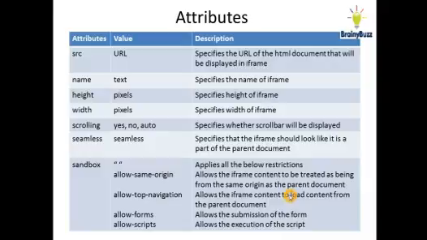It allows the iframe content to be treated as being from the same origin as the parent. Allow forms allows the submission of forms, and allow scripts allows the execution of scripts, like JavaScript. We'll go through this in the next JavaScript tutorials, what scripts are and how to execute a script. So you can give these values in your tag.